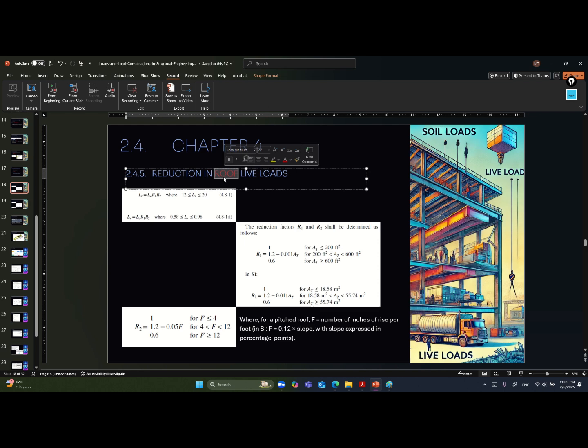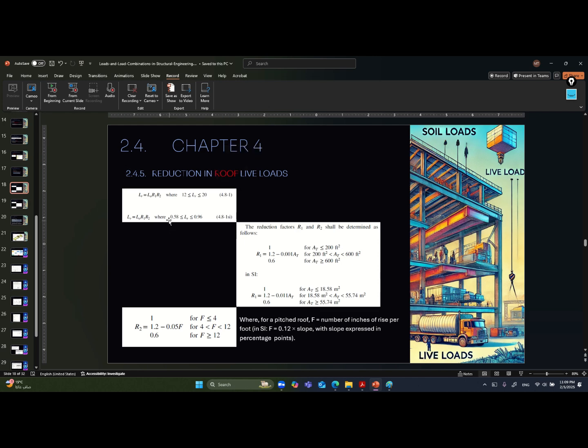Also, I highlighted here for the roof. The roof also has a reduction.